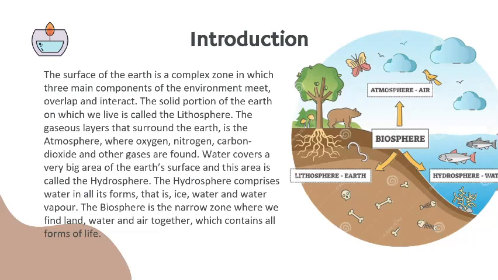The biosphere is the narrow zone where we find land, water and air together, which contains all forms of life. In the depiction also you can see lithosphere, which means earth, hydrosphere, which is water, and atmosphere, which is air, and the combination of these is called biosphere, the domain of earth.